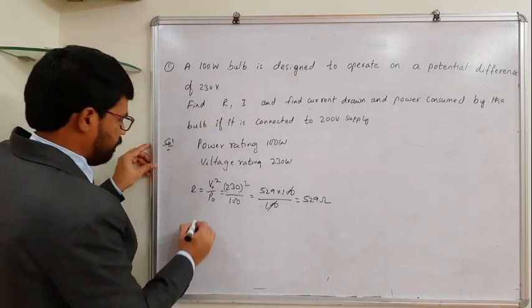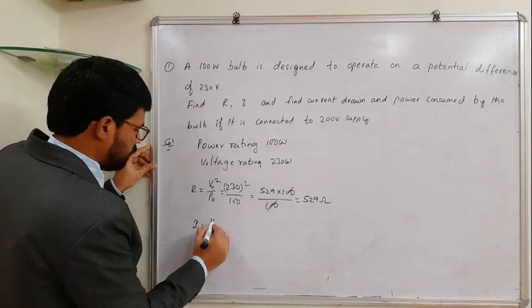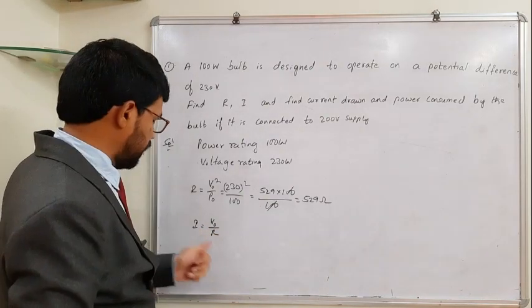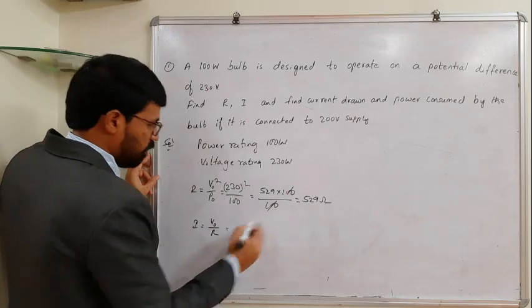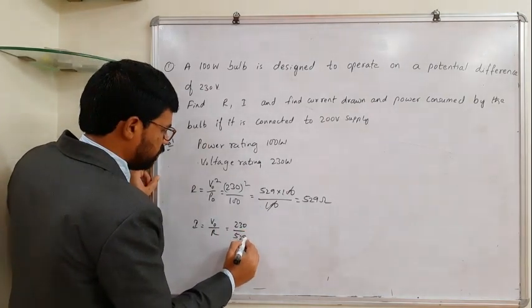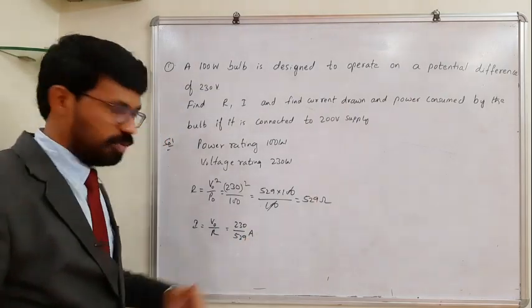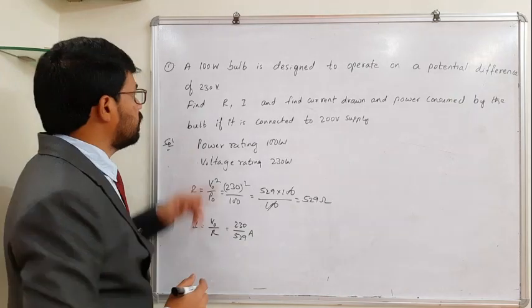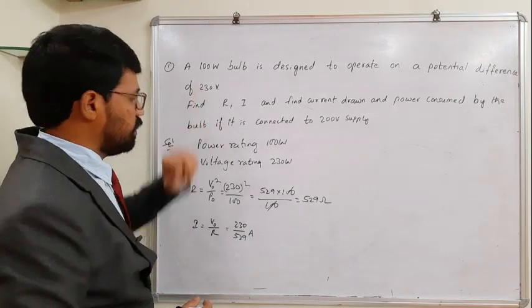The next one is current. Current I can be expressed like this. According to Ohm's law, V naught is equal to IR, so V naught by R. R has been already calculated. V naught is given 230, so 230 by 529 amps. So this is the current drawn from a potential source of 230 volts.